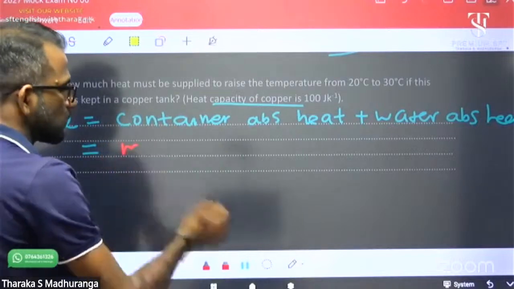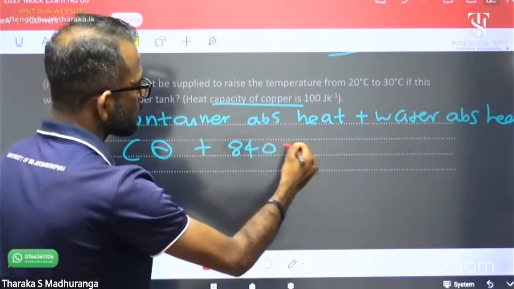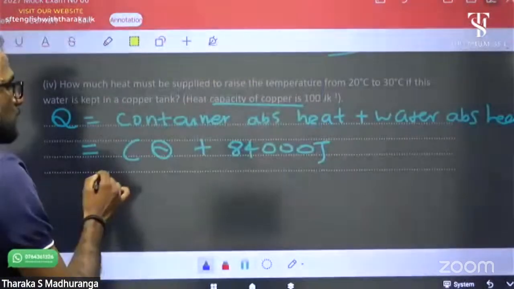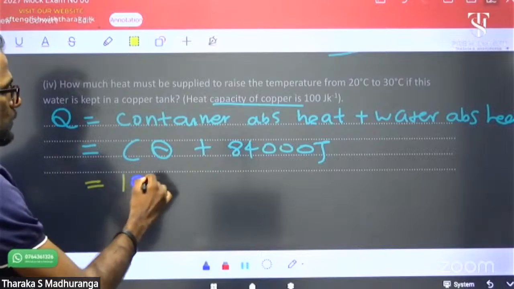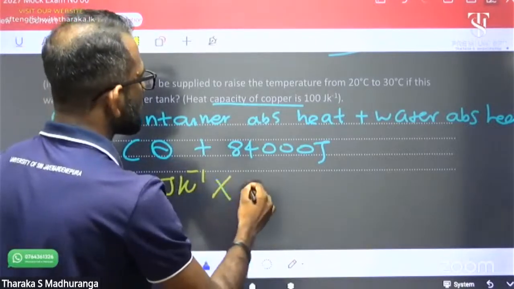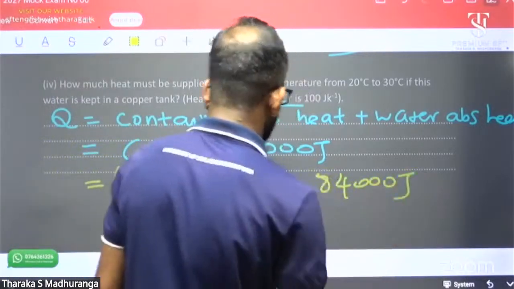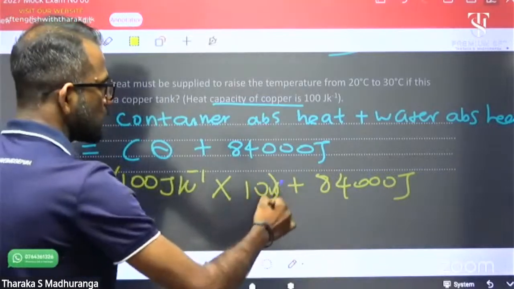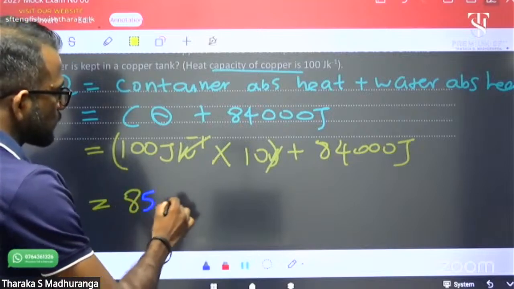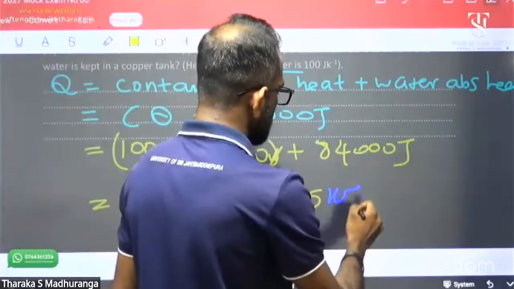Then C theta plus 84,000, that you already calculated. C means heat capacity, 100 joules per Kelvin, into temperature difference 10, plus 84,000. Here Kelvin and Kelvin cancel. 1,000 plus 84,000 is 85,000 joules or 85 kilojoules.